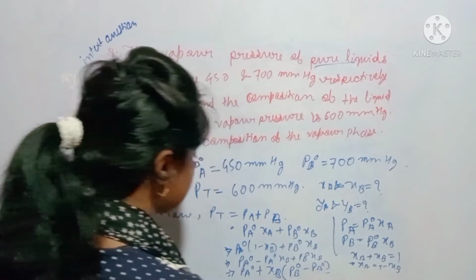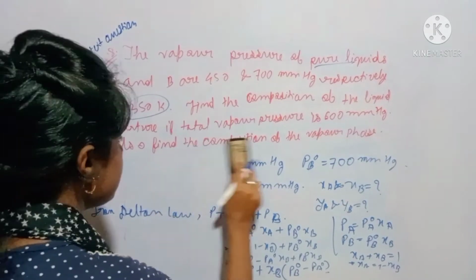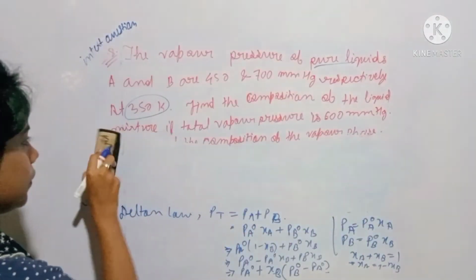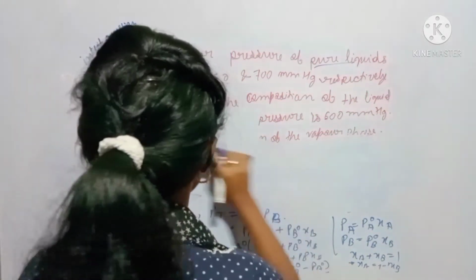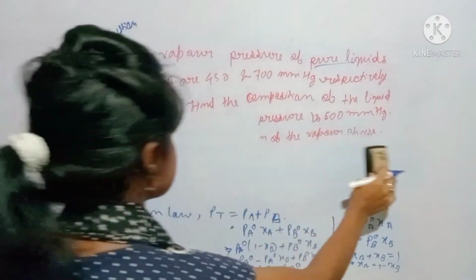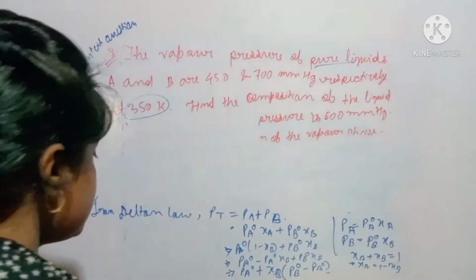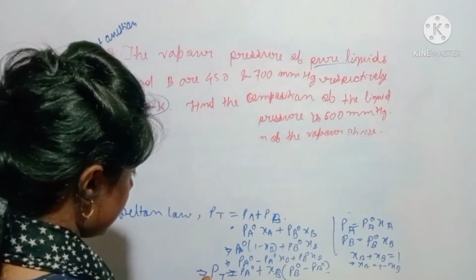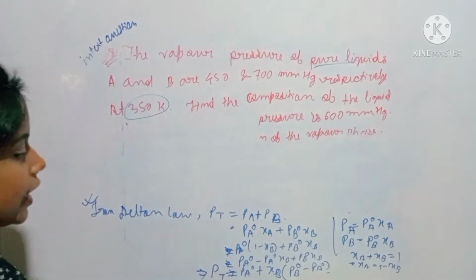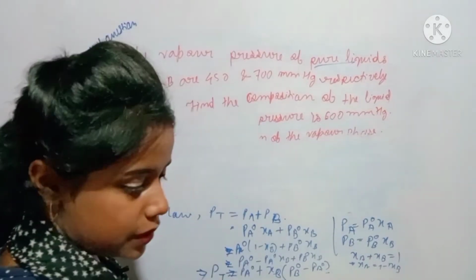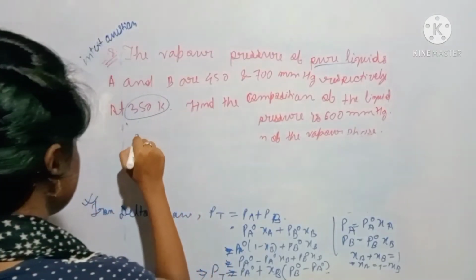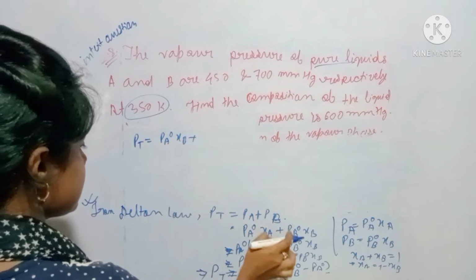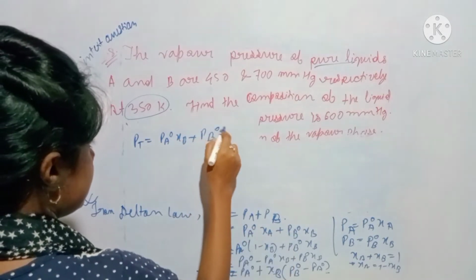So this is one of the formulas, PT equals this much, and the other formula is... it's not good to wrap the question, sorry for that. So this is one of the formulas, and the other one is: we know that PT equals PA naught XA plus PB naught XB.